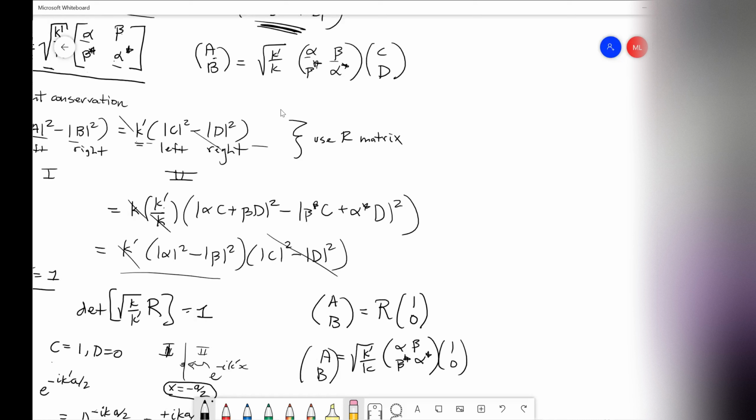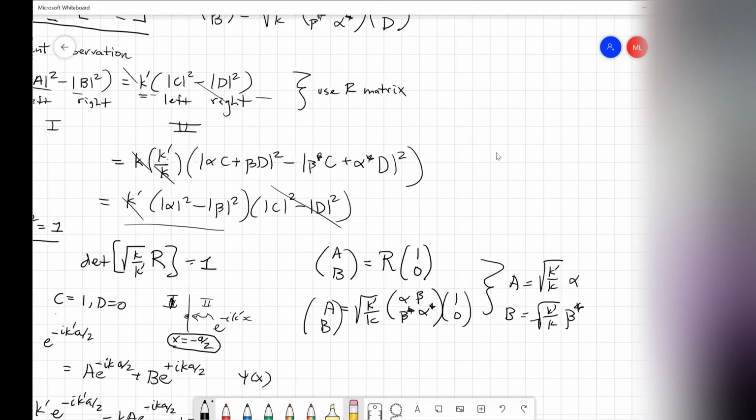So that means A is equal to what? It's this vector multiplied by this guy. So it's the top row here, just square root of k prime over k alpha, right? And then B is square root of k prime over k beta star.